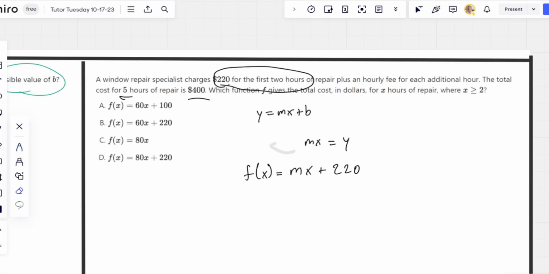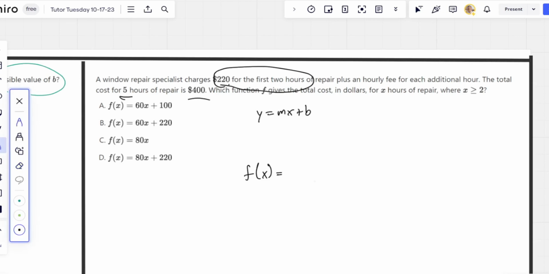So what we really want to do here, instead of falling into their trap, is we could just split up that cost, $400, like so.